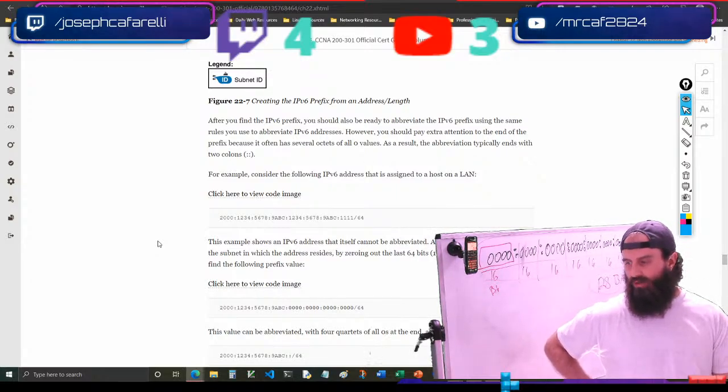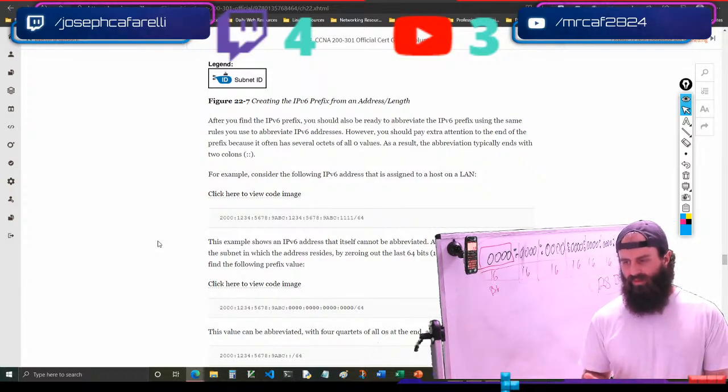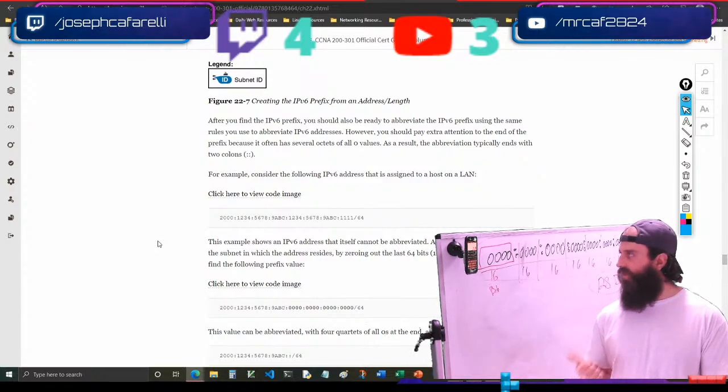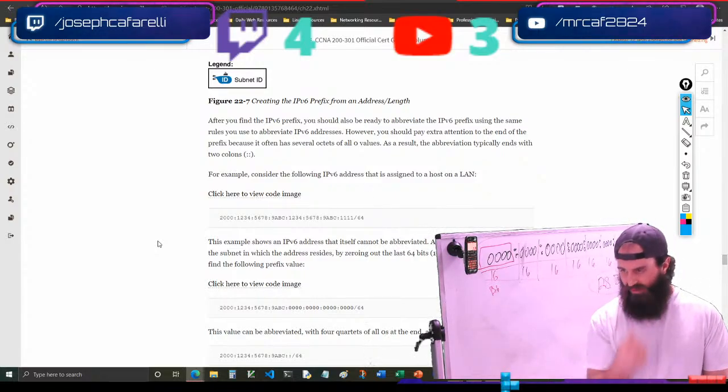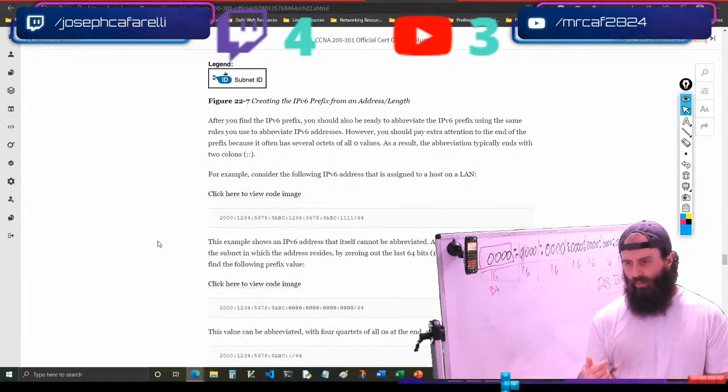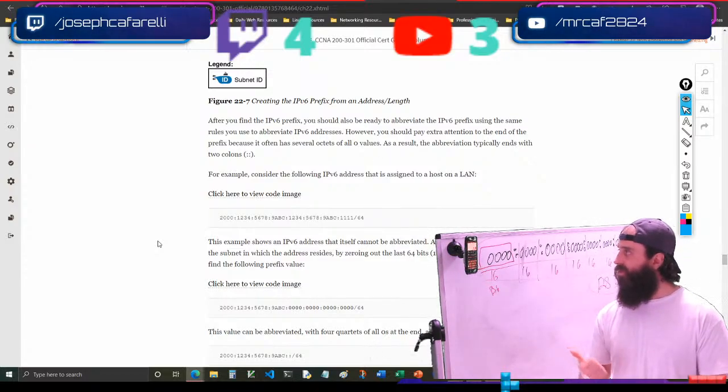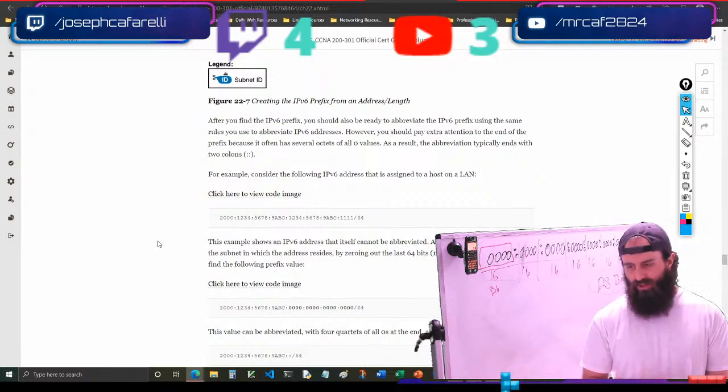However, you should pay extra attention to the end of the prefix, because it often has several quartets of the 0 value. As a result, the abbreviation typically ends with two colons. For example, consider the following IPv version 6 address that is assigned to a host in a LAN.